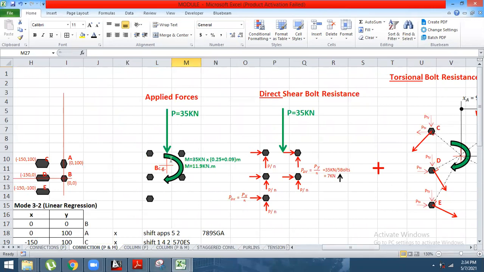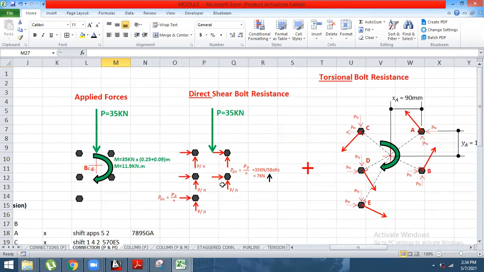for this axial load and then the moment, those are the forces that should be resisted by the bolts. Therefore, if we have vertical force, all the bolts will help each other to carry the vertical force.